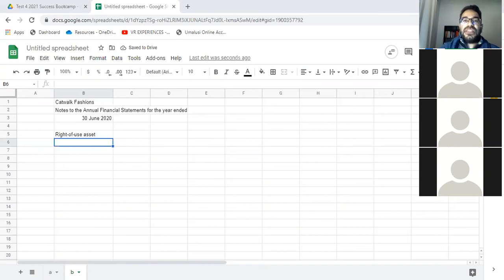Remember, financial statements always include comparatives. Comparatives is part of financial statements. So if they don't tell you to ignore comparatives, then by default, a comparative must be included. Okay, so here we're going to do 2020.